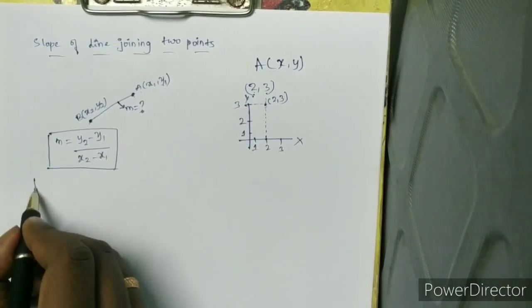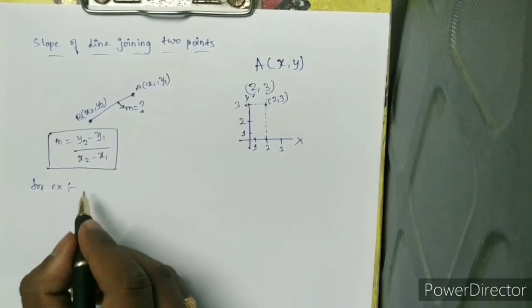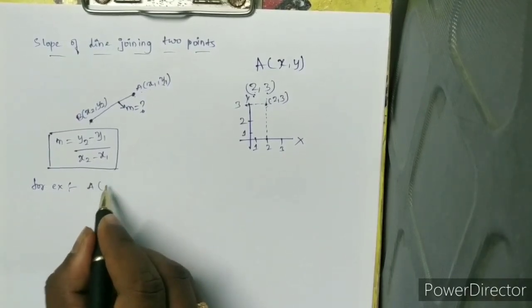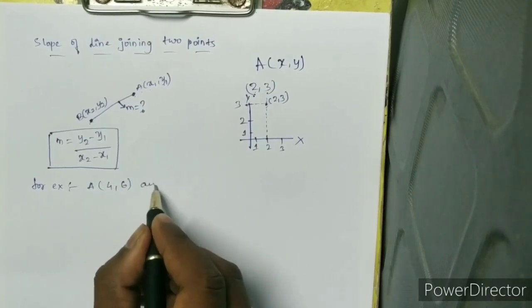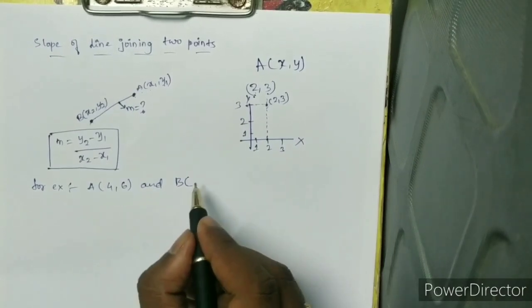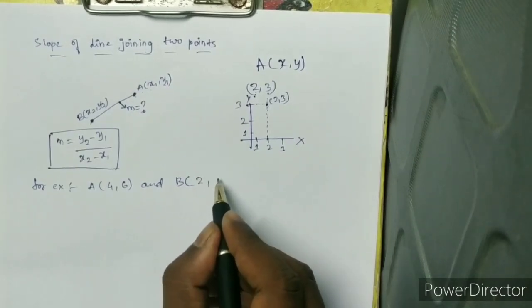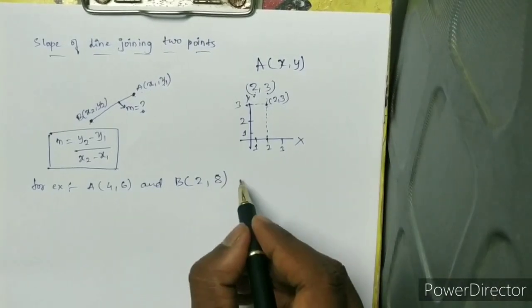For example, I'll give you an example. If it is asked, A of 4, 6 and B of 2, 8. These 2 points are given.